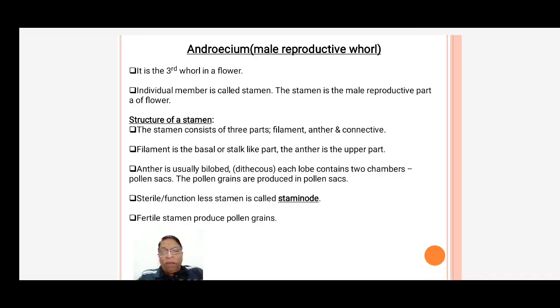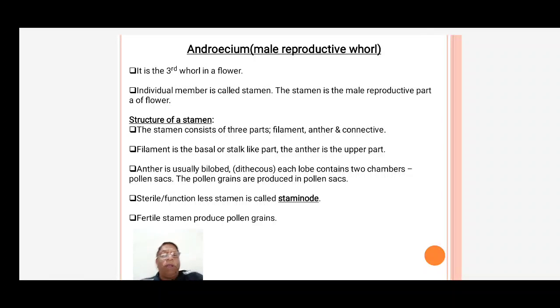Structure of stamen. The stamen consists of three parts: basal filament, upper anther, and a connective.